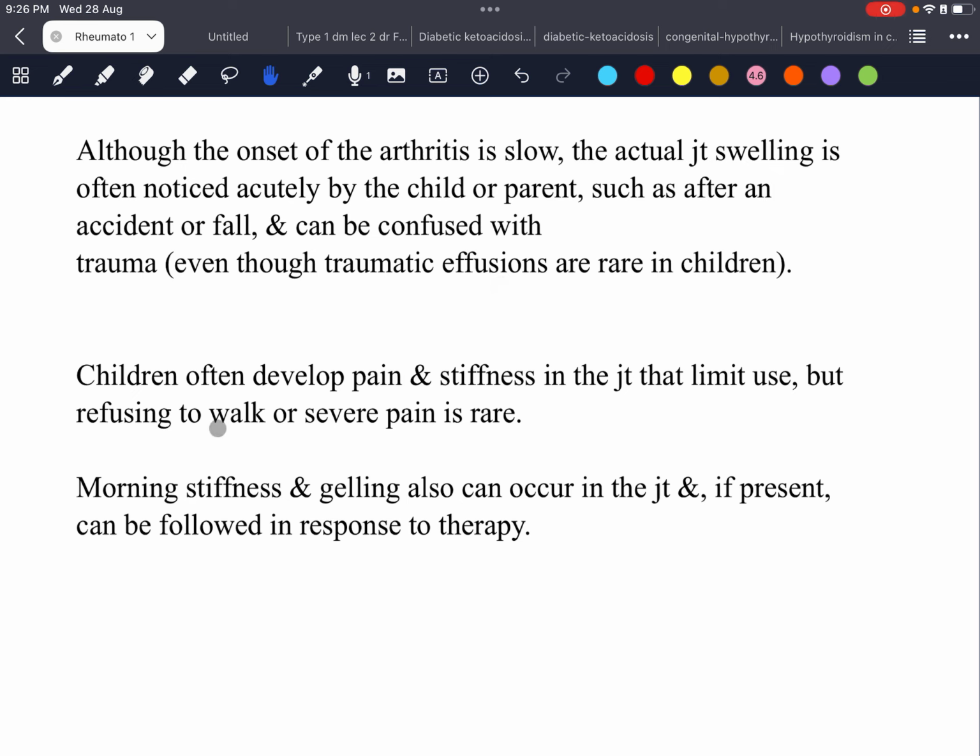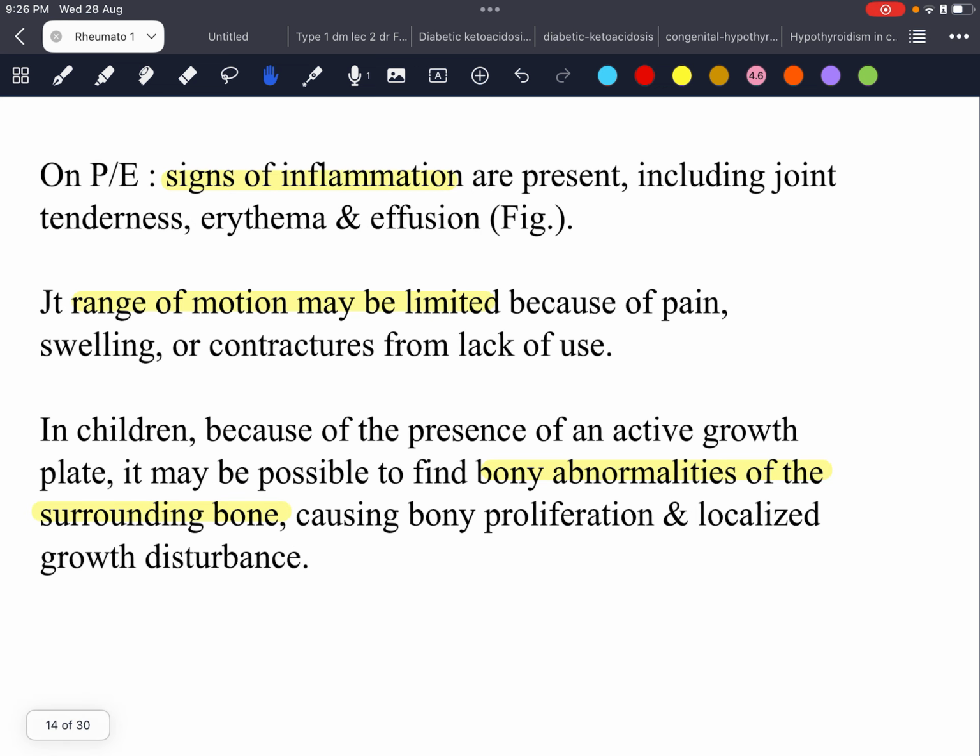Children often develop pain and stiffness in the joint because of the inflammatory process. There is stiffness, yes, but it's not so severe that it interferes with walking. There is also morning stiffness because, as you know, it is an inflammatory cause of arthritis, so it increases after periods of inactivity.